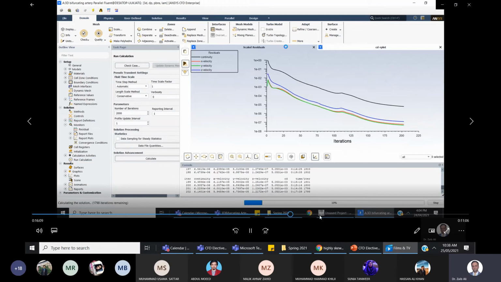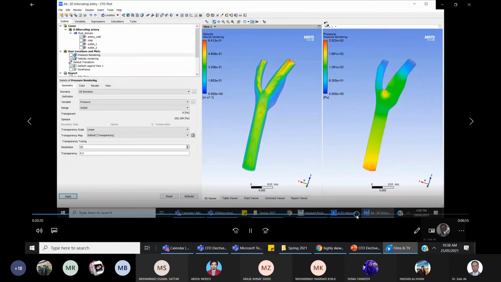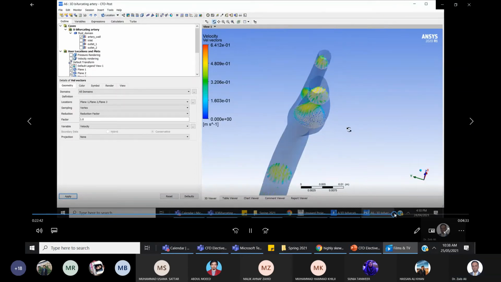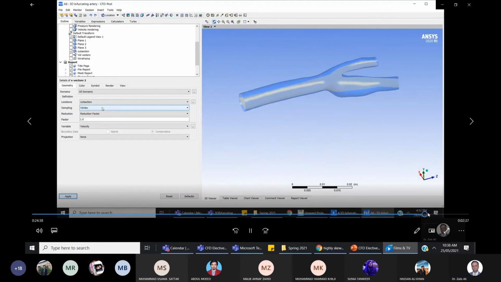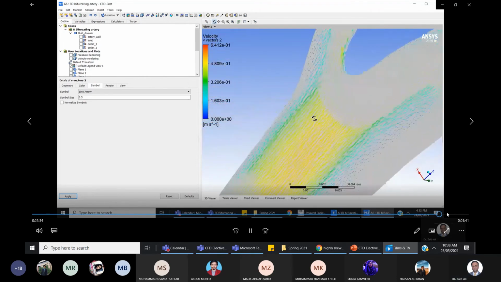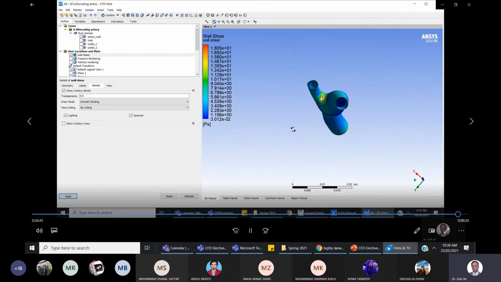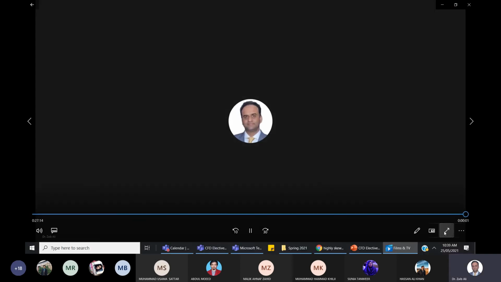Then you run the simulation and you can visualize velocities, pressures, shear stress, the velocity vectors at various cross sections, etc. Shear stress regions, wall shear, something like that. Okay, so that's about the steady simulation.